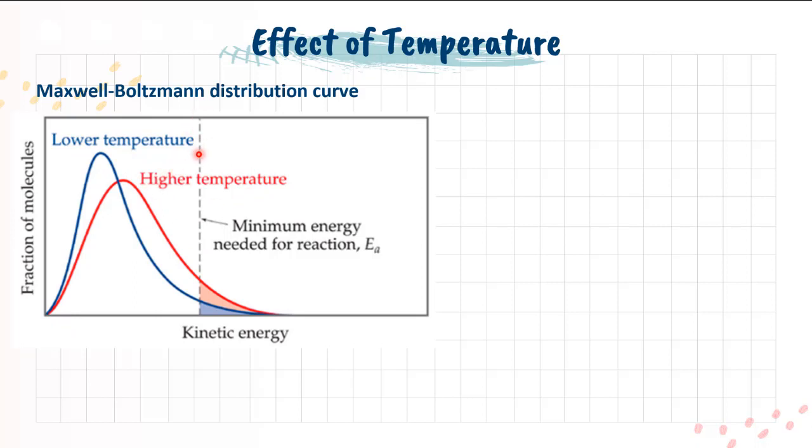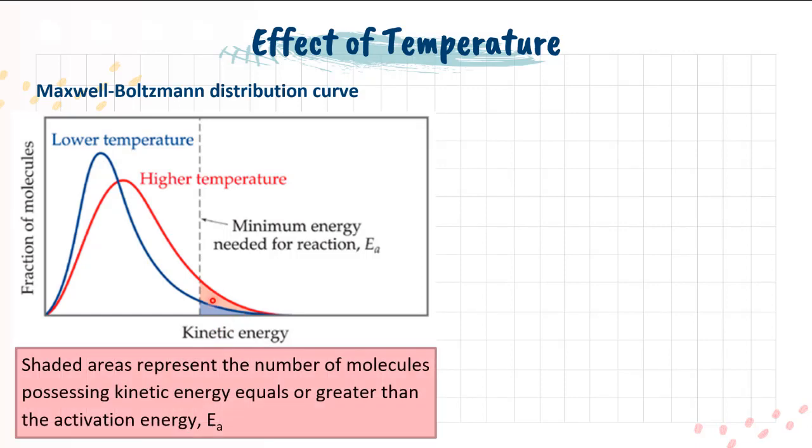And this dotted line is very important. It refers to the minimum energy needed for the reaction to happen, which is your activation energy, Ea. What is more important is this area on the graph, the one that's shaded over here.